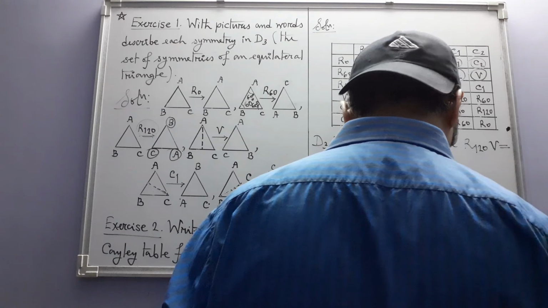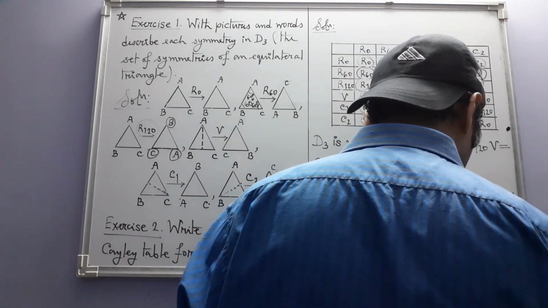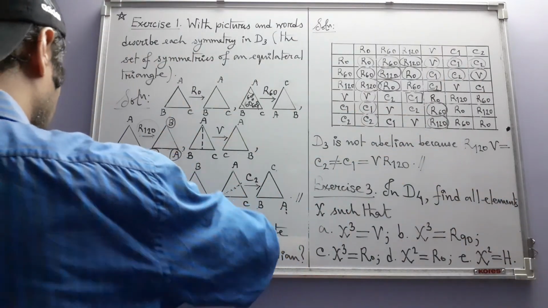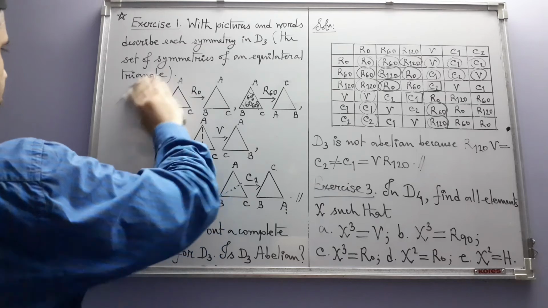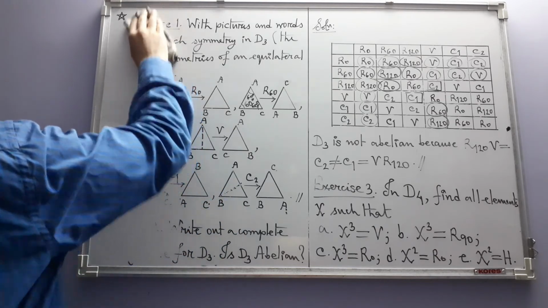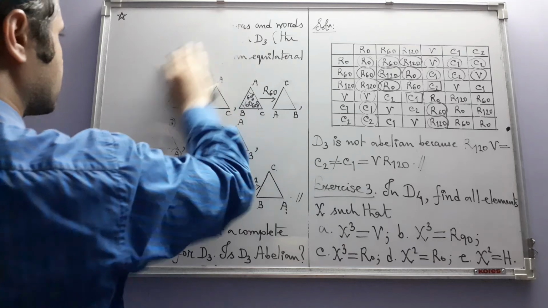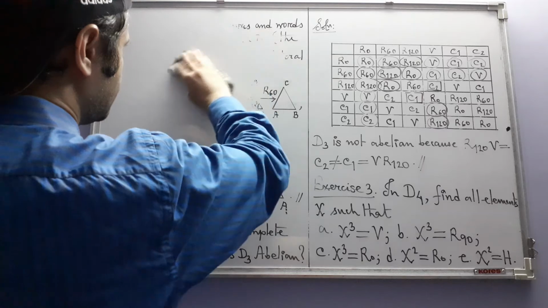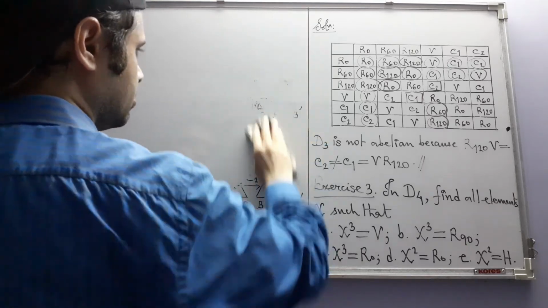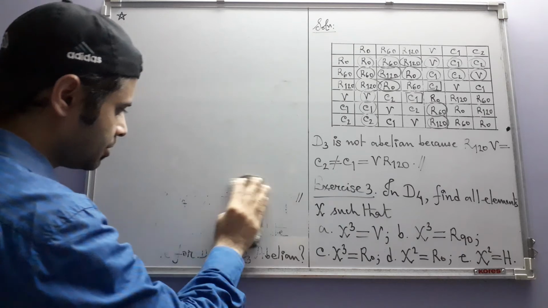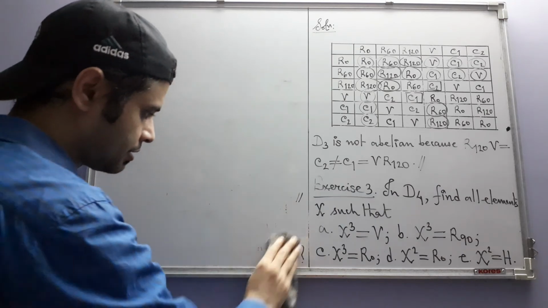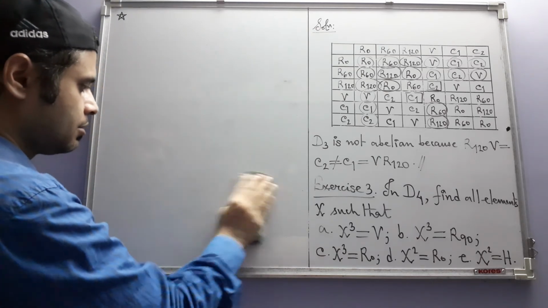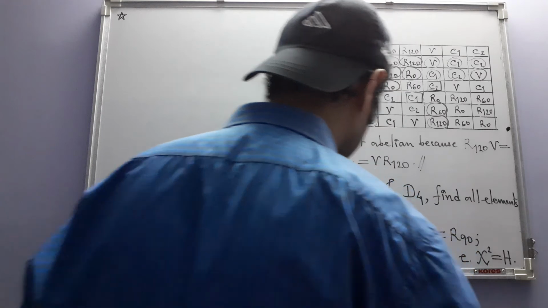And finally E, x squared is equal to H. For this one, I would suggest you look at the Cayley table we have for D4 in the text. Looking at that table, you will see that the solution to this exercise is just this.